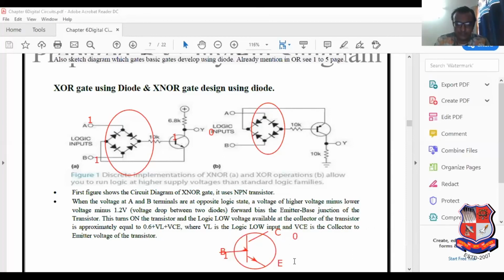But here the voltage is 1. At the emitter we can get 1 volt. And what is the reverse figure of that? See the symbol of the transistor. I have sketched the transistor symbol here.